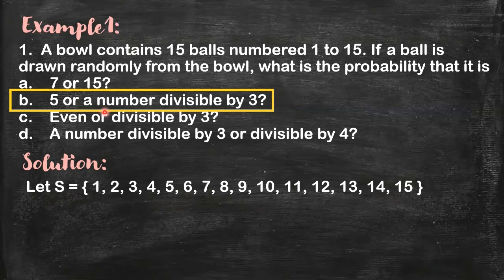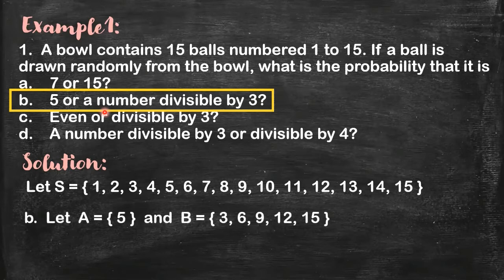When you say divisible by 3, you just skip count by 3s. So you start with 3: 3, 6, 9, 12, 15. Those are the elements of set B. This is set A, and this is our set B.